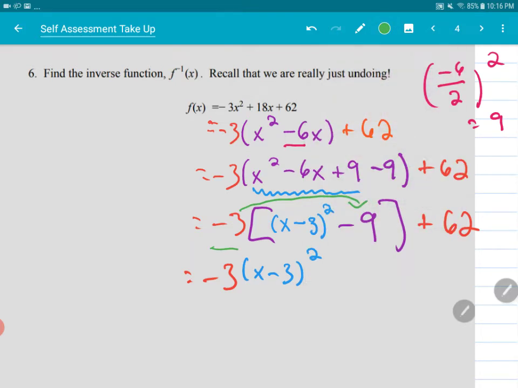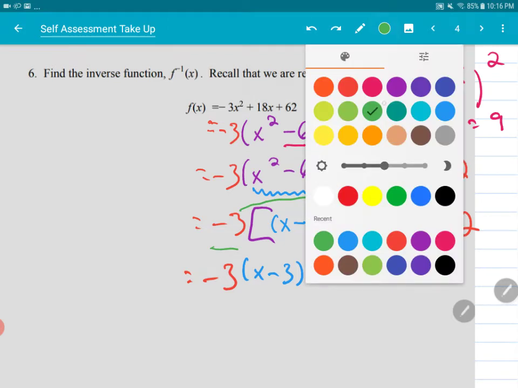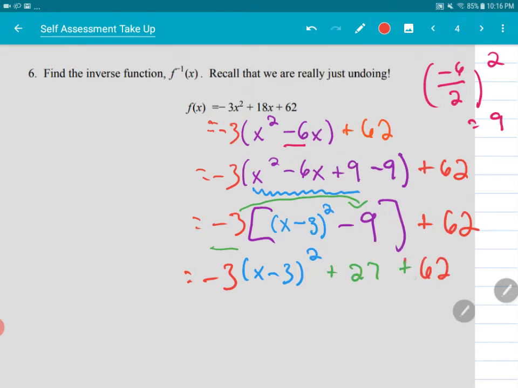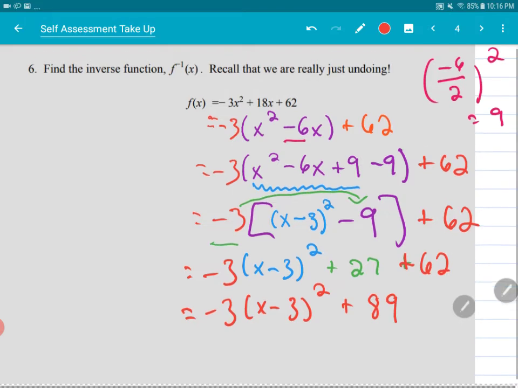So that's going to be negative 3 times negative 9, which is positive 27, plus 62. And our final step, we're almost there, is just to collect those like terms at the end, put that 27 and 62 together. Negative 3 times x minus 3 squared plus 89. Awesome.